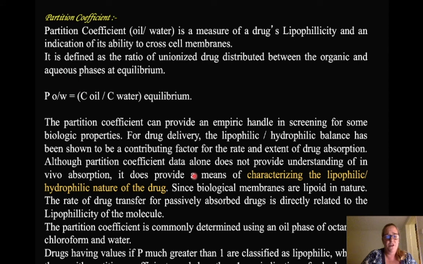The partition coefficient is commonly determined using an oil phase of octanol or chloroform and water. Drugs having values of P much greater than 1 are classified as lipophilic, whereas those with a coefficient less than 1 are indicative of hydrophilic drugs.